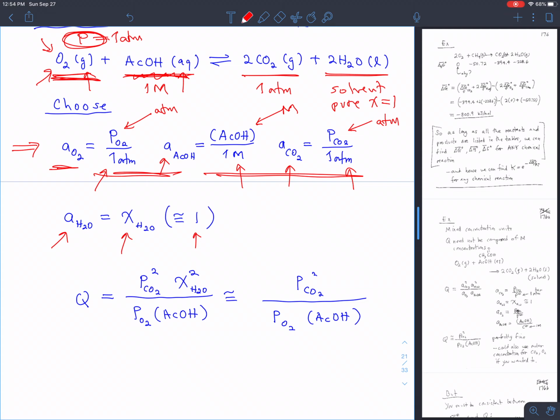I mean, this mole fraction is probably more like 0.97 or something like that. It's a little bit off from actually 1, but usually those small concentration or activity differences aren't big enough to worry about.